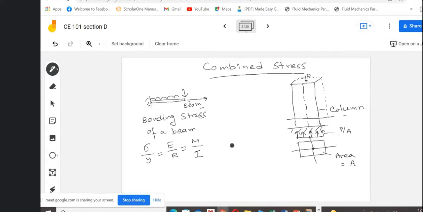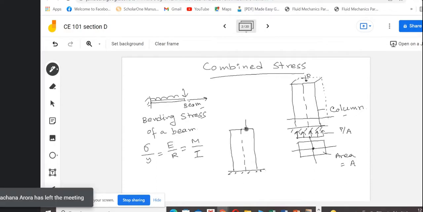But many times it happens that, say this is again a 2D view of a column, the load coming from the superstructure is not acting at the very center line of the column.